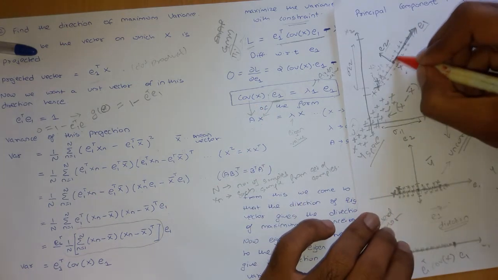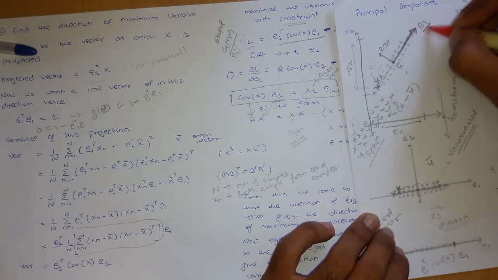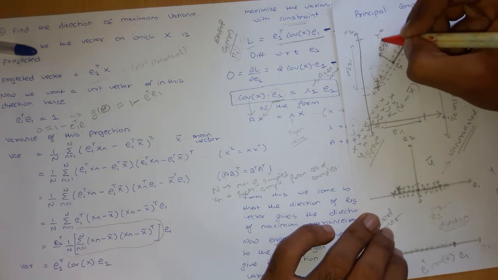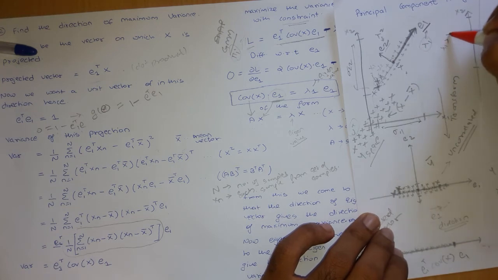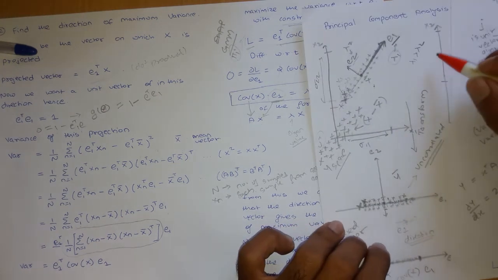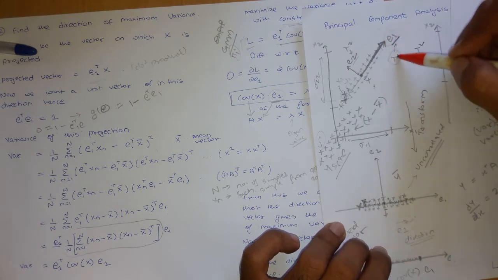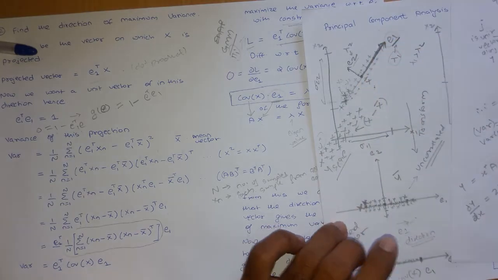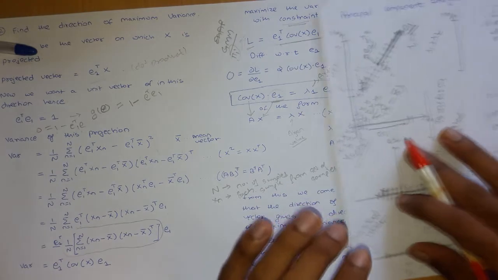So this particular direction is given by that eigenvector whose lambda is highest. If suppose there is lambda 1 corresponding to E1 and lambda 2 corresponding to E2, and lambda 1 is greater than lambda 2, then the eigenvector corresponding to lambda 1 will be the direction of maximum variance. This is what we conclude from this particular derivation.